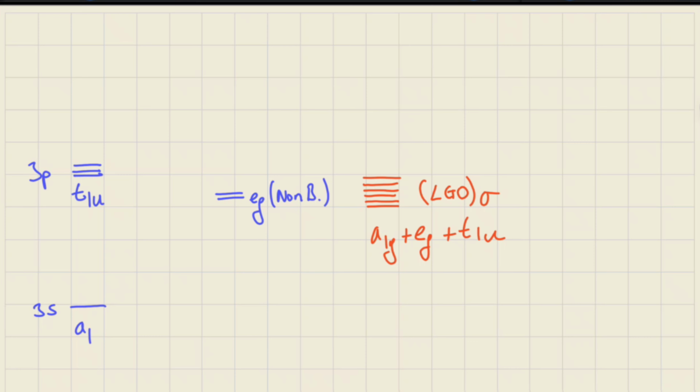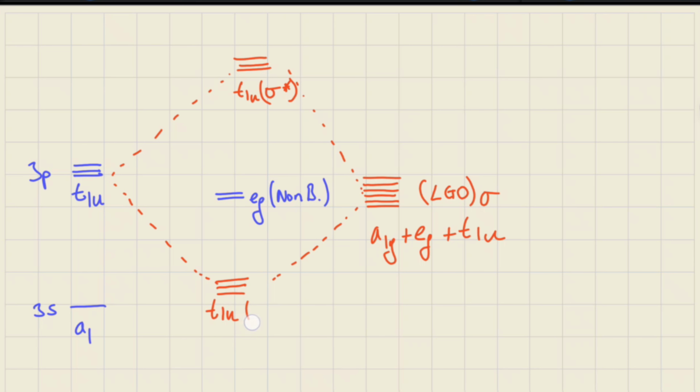So this T1u and the other T1u can make a bond, and there should also be an antibonding interaction, right? Maybe I can write it as T1u sigma star interaction, and this is the T1u sigma interaction. So we have A1g.